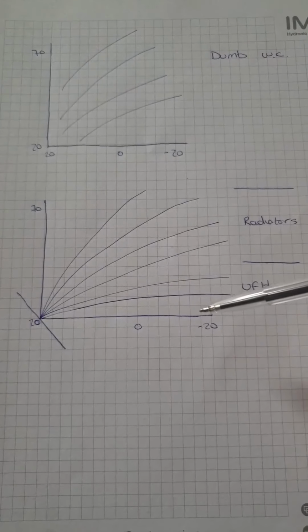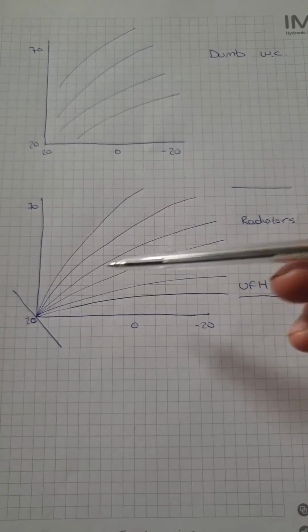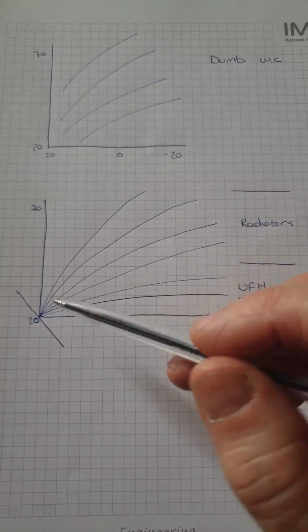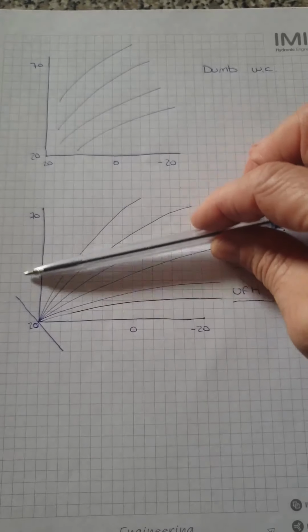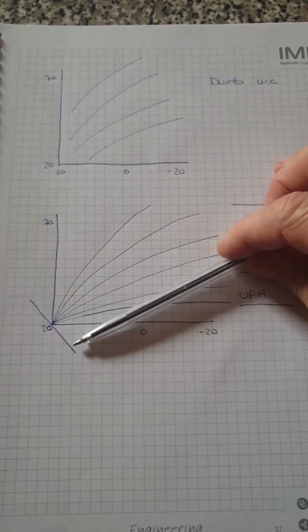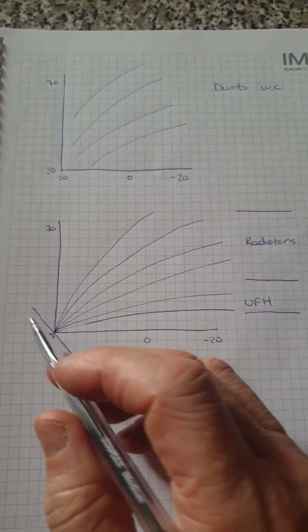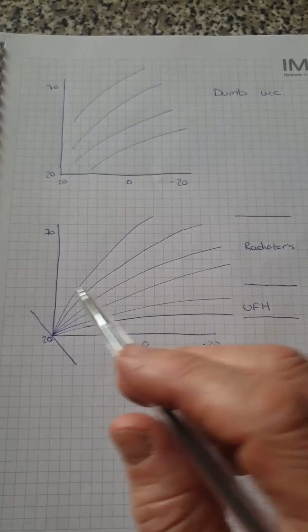So, intelligent weather comp, basically you can adjust the level or shift, which is in fact they run up and down this line here. This is representing your shift, and you can adjust your curve here.